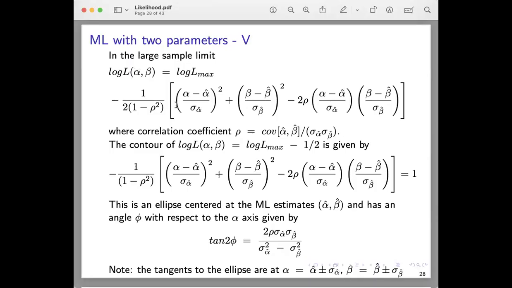To get the one sigma contour, you have to equate this second part of the equation to half. Or since you have the 1 by 2 factor, if you remove that, this expression here has to be 1. If you do that, the points that you get for alpha and beta will give you that contour.